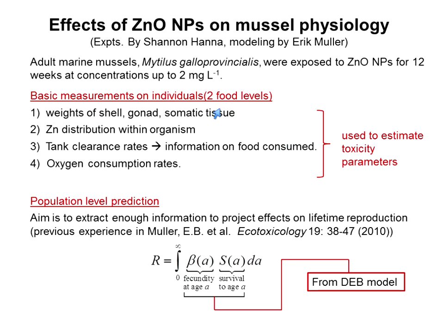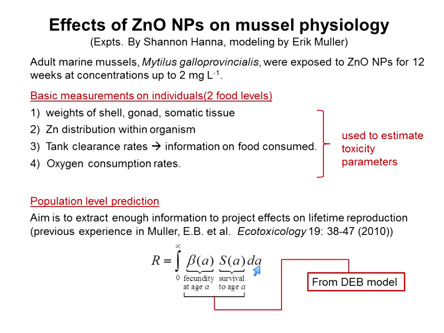The key thing is that all of these quantities are related to the DEB model prediction. These could be used to estimate toxicity parameters in a representation not at all unlike the one that was used in the previous work on phytoplankton. So now it is possible, with assumptions about survival, to figure out what would be the lifetime reproduction.